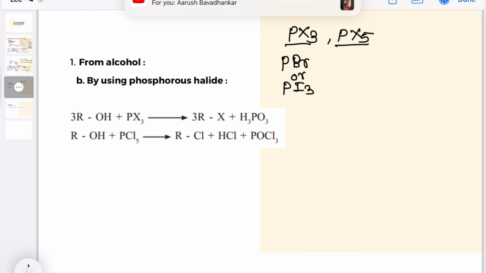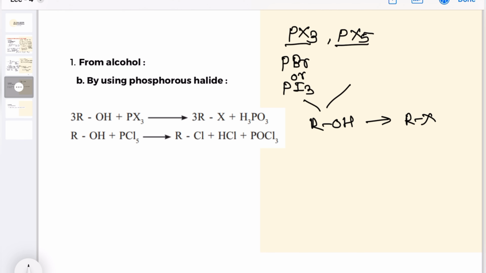Phosphorus pentachloride reacts with alcohols to give alkyl halides. Both of these react with the alcohols ROH, and give rise to alkyl halide with evolution of respective side products.